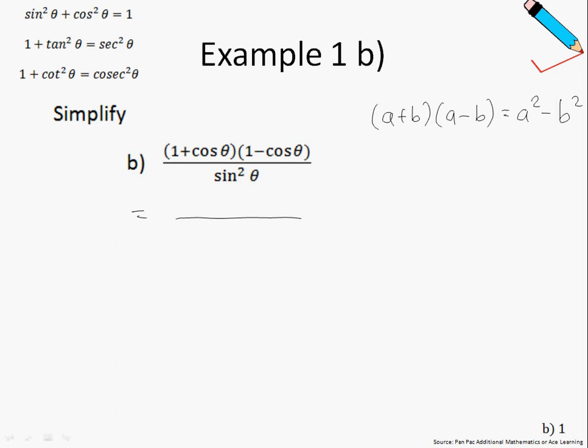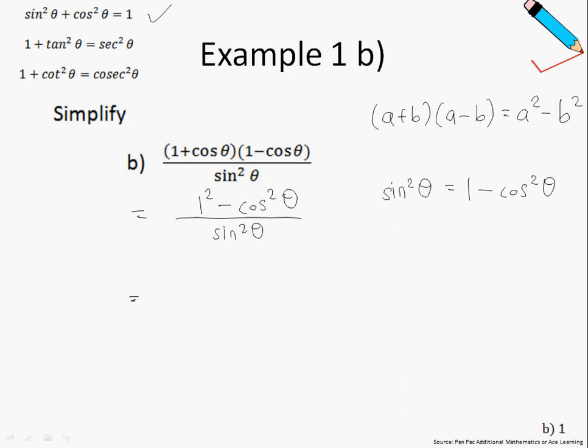So in the numerator, I will identify my a to be 1 and my b to be cosine theta. So I'll just get 1 square minus cosine square theta. And recall in the previous example that, using the first formula here, sine square of theta is just equal to 1 minus cosine square theta.